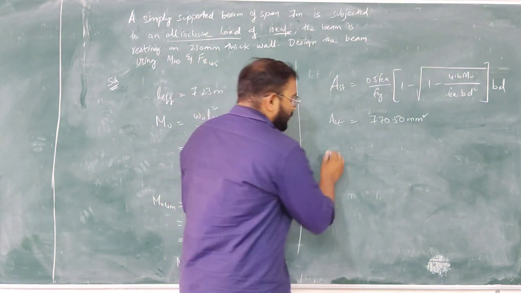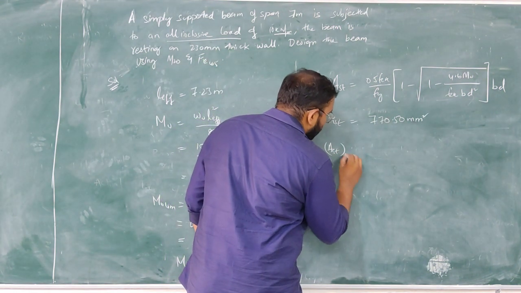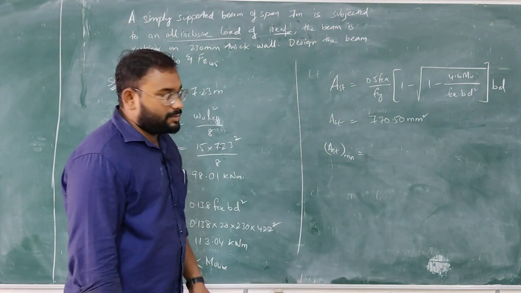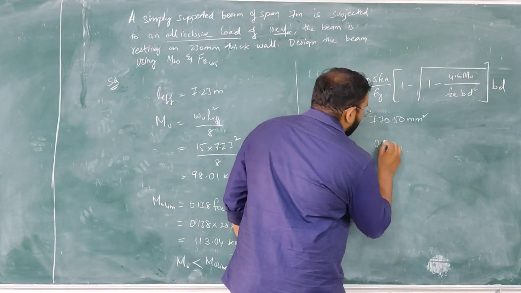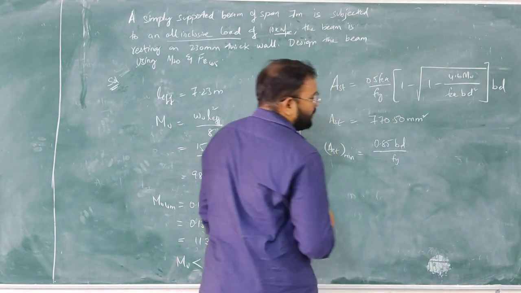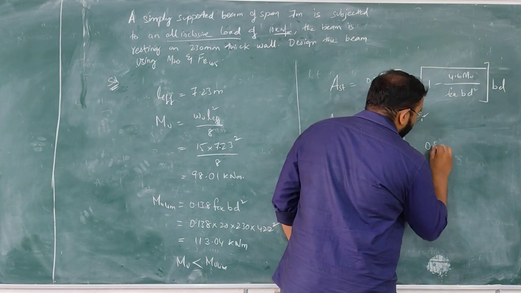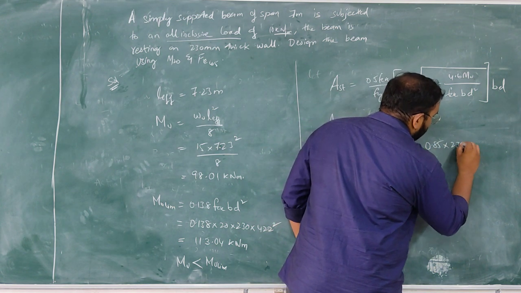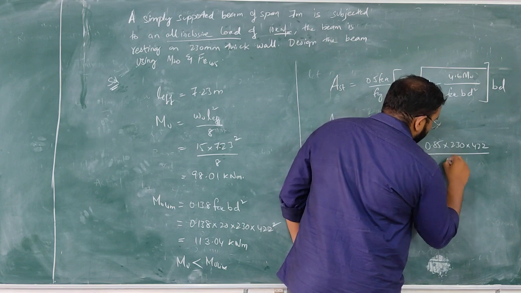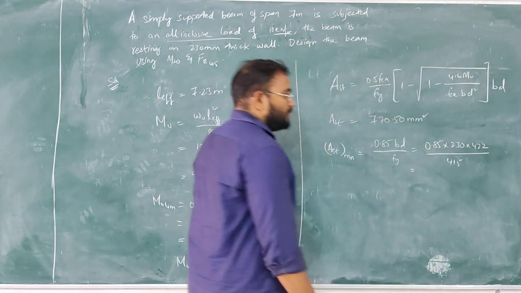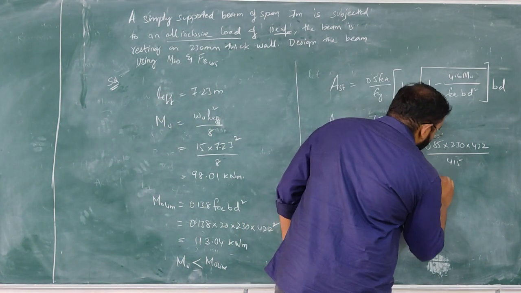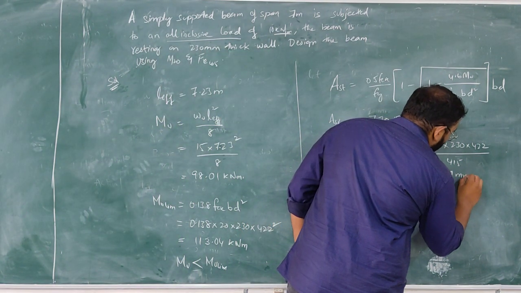Now the next step is we'll check how much is Ast minimum. What is the minimum reinforcement? The formula is 0.85 bd by fy. So this is equal to 0.85 into b is 230, d is 422 divided by 415, which is 198.79 mm square.